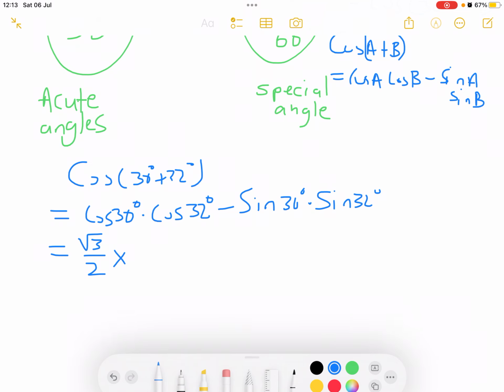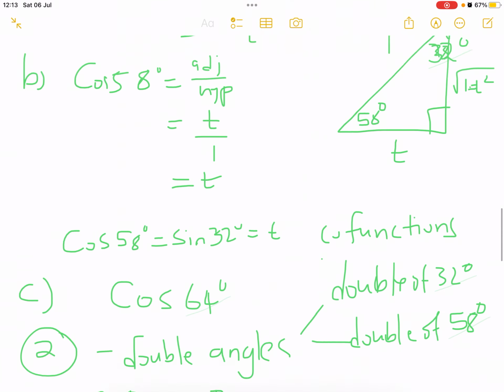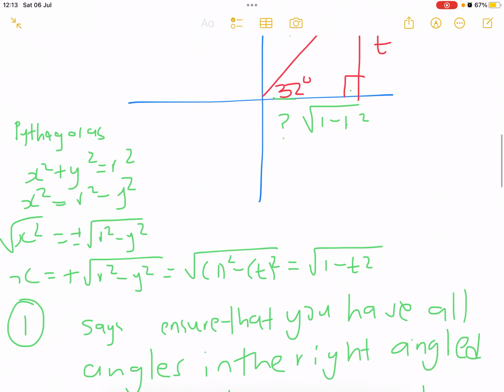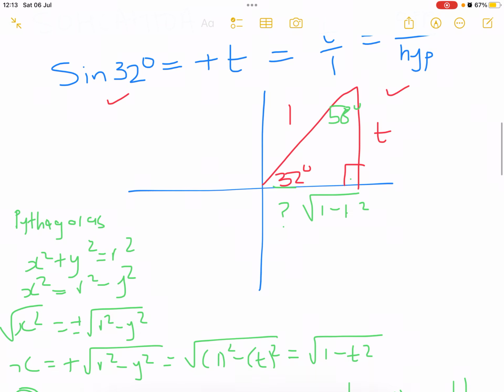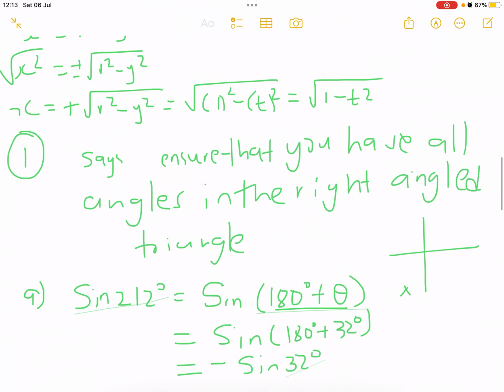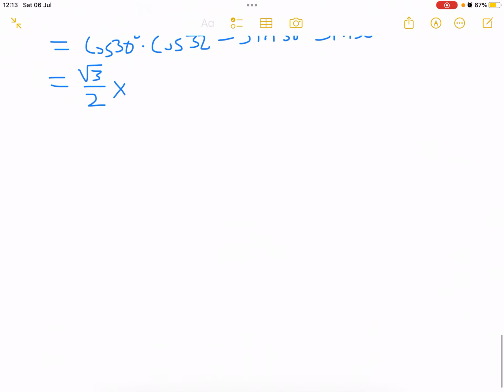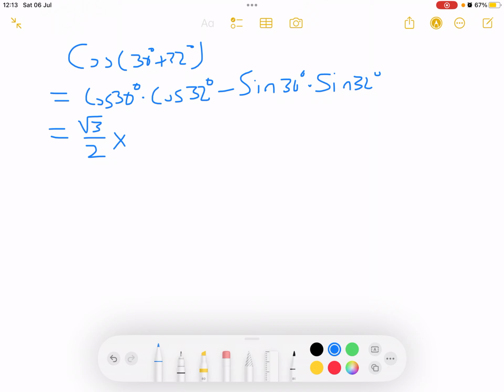You just go back to our diagram, we look at when that angle is 32, what is the adjacent? The adjacent is root of 1 minus t squared all over 1. So it's a root of 1 minus t squared all over 1, and that is being multiplied.